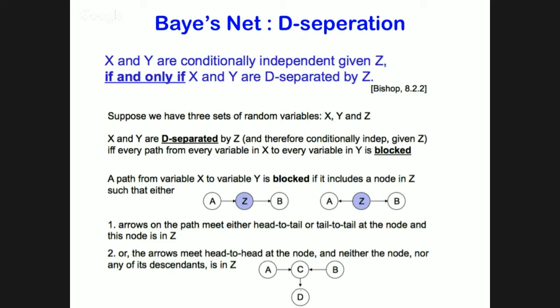If there is no path, or the path is blocked, this means x and y are d-separated. Since z is a variable which blocks the path between x and y, then it's known to be d-separated.